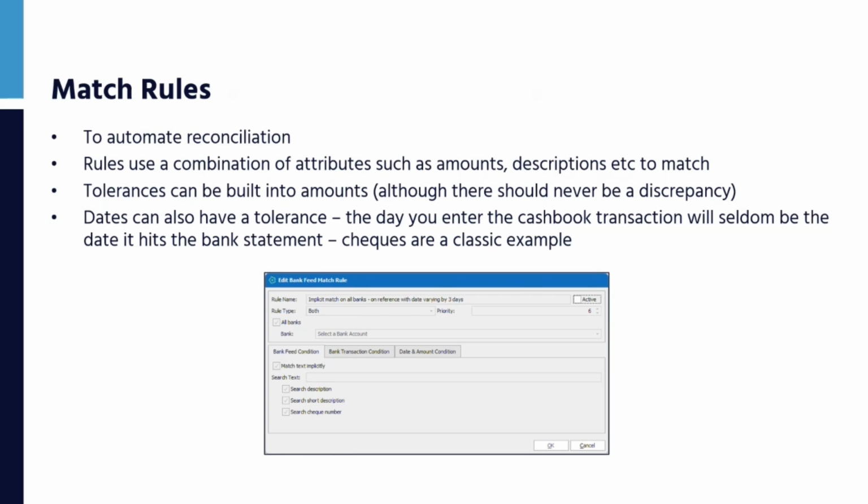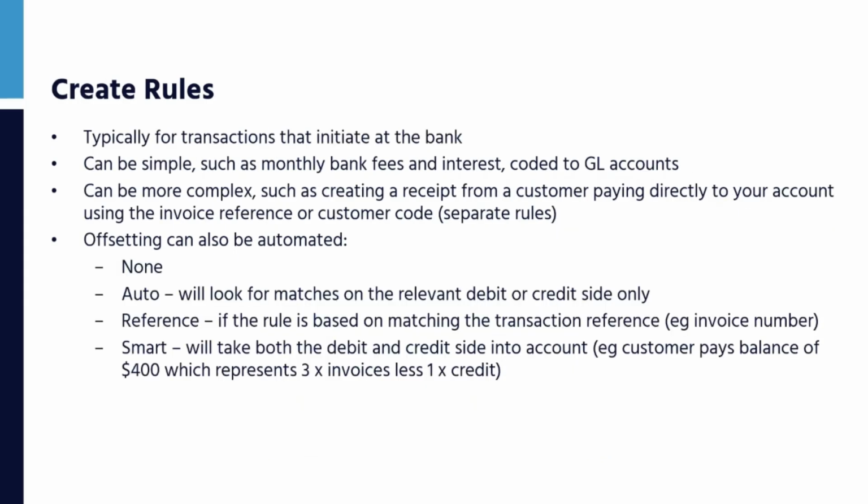So that's a little bit about the match rules. And as I said, the match rules essentially help automate the reconciliation process. So effectively all they're doing is making it easier when you do the bank records. It'll just pre-tick the items as reconciled when they are hit with a match rule.